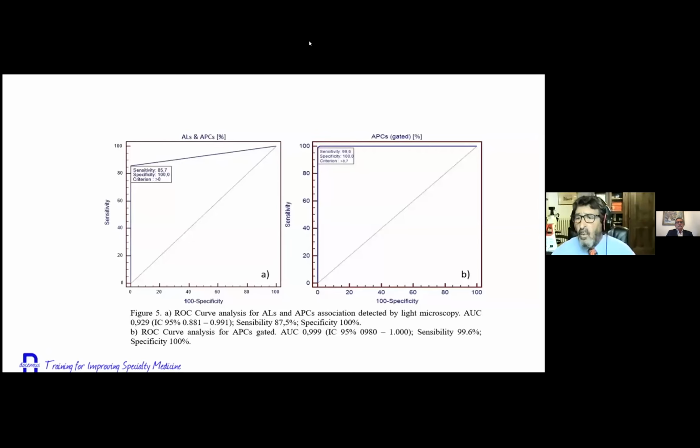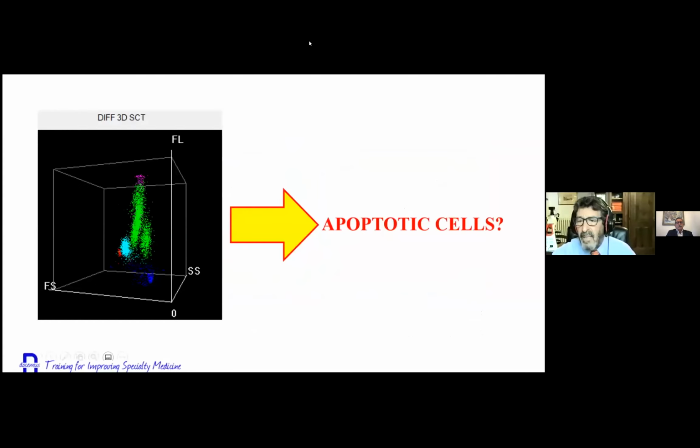The results of this quantification have shown a higher sensitivity and specificity from a diagnostic point of view as against the microscopy one. And therefore, this kind of software should be made available by MindRay for all customers as a gating software for quantification of apoptotic cells as a research parameter.